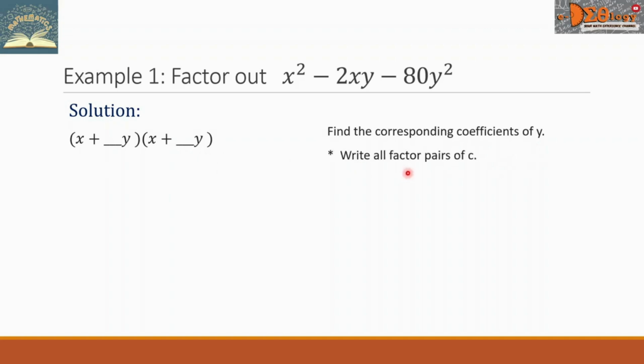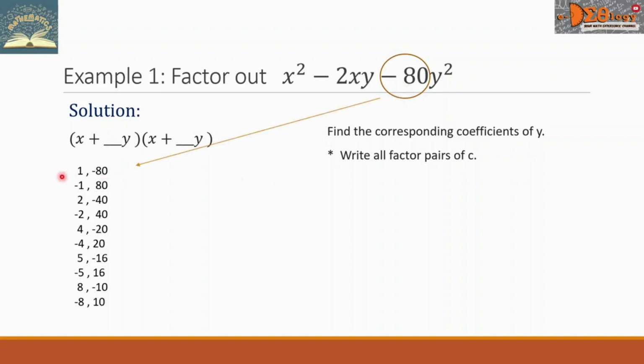We will write all factor pairs of c. In our trinomial here, considering that c is negative, it means the factors must be of opposite signs. So let's write the factor pairs from the smallest up to biggest.